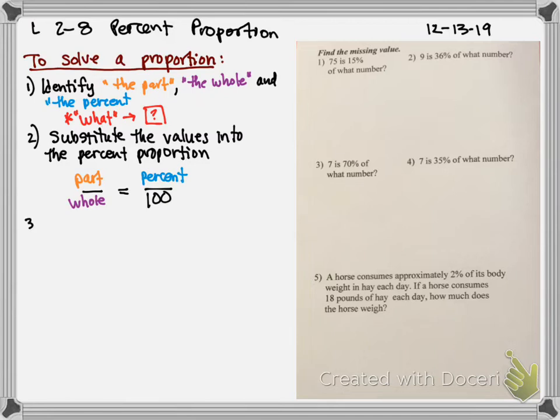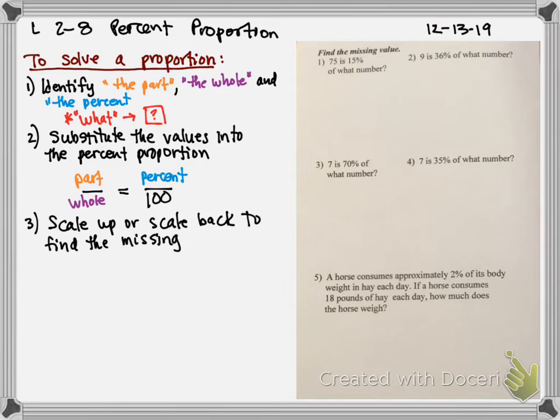So we're going to then scale up or scale back to find the missing value. And that's what we're going to be doing today. Okay, so let's get some practice going.